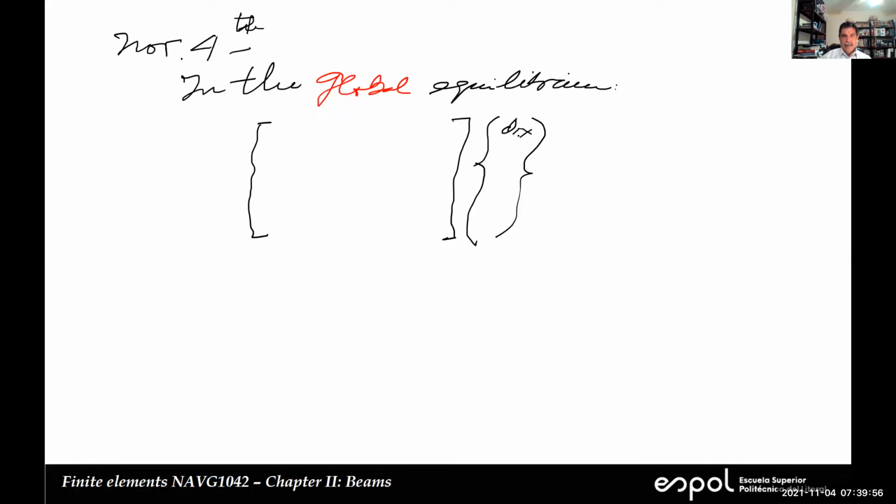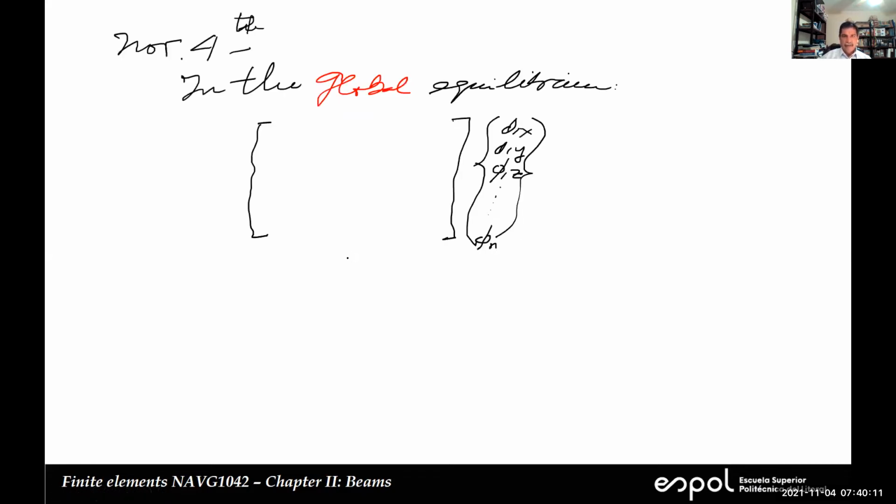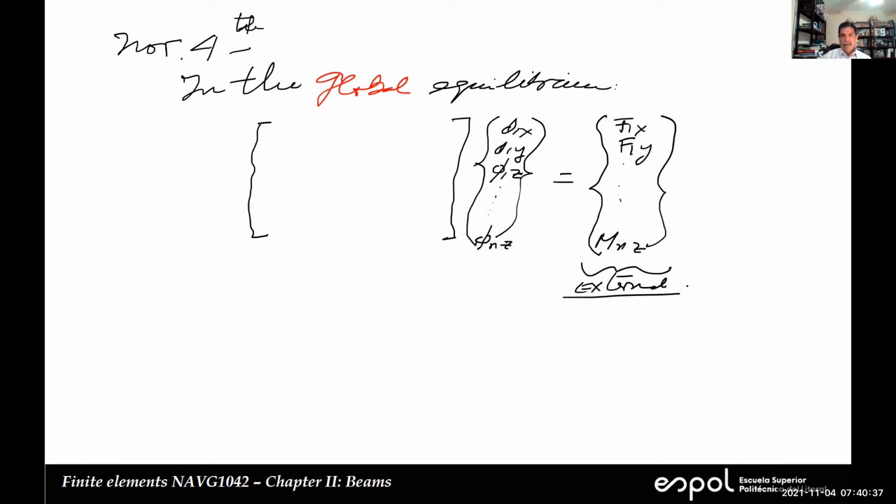Let's suppose this is D1X, D1Y, Phi1Z, and the last one is going to be PhiNZ. Now, on the right-hand side, we have F1X, F1Y, and the last one is going to be MNZ. Remember, these are external forces.